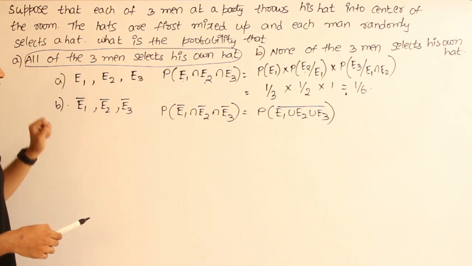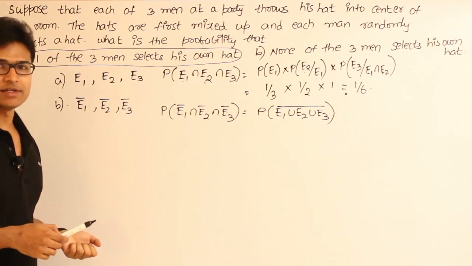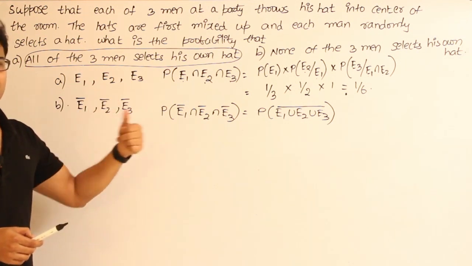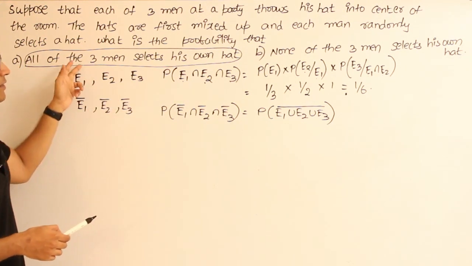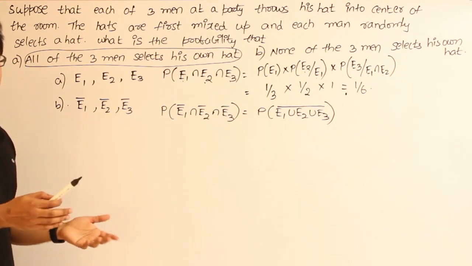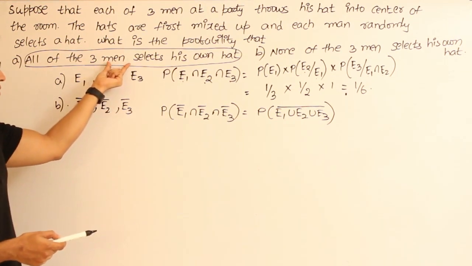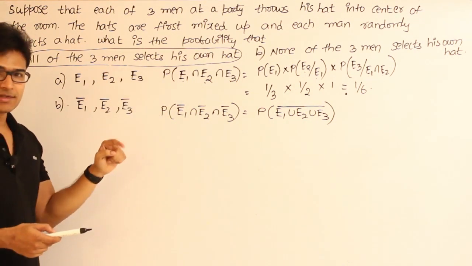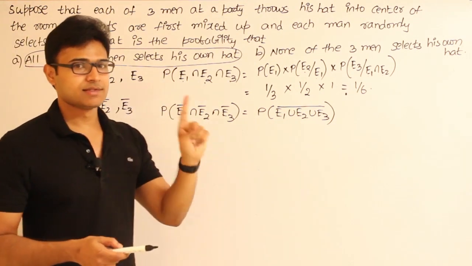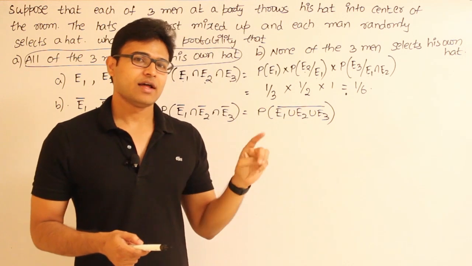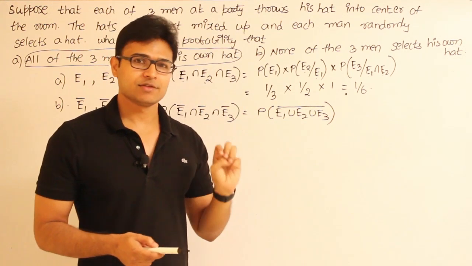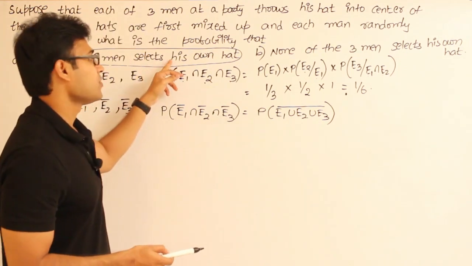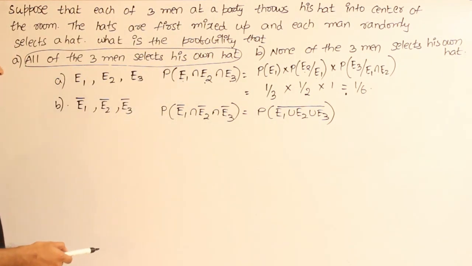Exactly one person picks up his own hat and the 2 will not, and 2 people will pick their own hat and 1 will not, and then all the 3 will not pick. Which means if you take the complement of it, it is going to contain many cases. One case is exactly 1 picks right and 2 picks wrong, or 2 picks right and 1 picks wrong, or all the 3 picks wrong. That is why I cannot take the complement of this. I have to compute it separately.